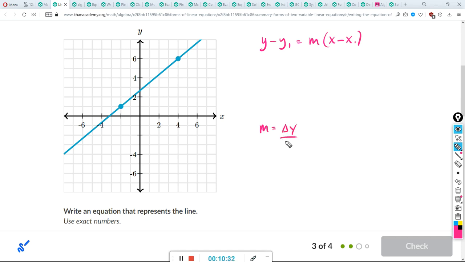Change in y over change in x. And you go from one point to the other. 1, 2, 3, 4, 5. I went up 5. That's a positive 5 for the change in y. 1, 2, 3, 4, 5, 6. I went right 6. That's the change in x.